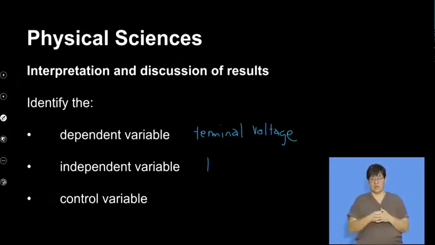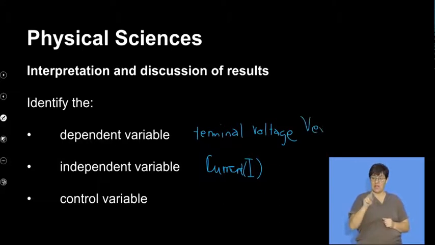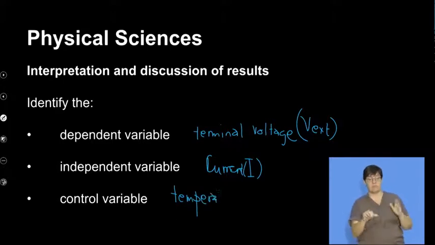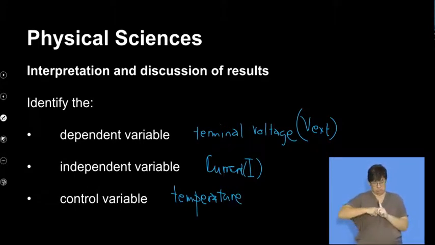We manipulated the current, which is our I, and then this we said is our V external. The control variable in this case: we try to keep the temperature constant, because how we carry out this investigation is also very important. So we need not connect it for a very long time, and we need to keep the temperature constant because there are some implications in as far as Ohm's law is concerned.